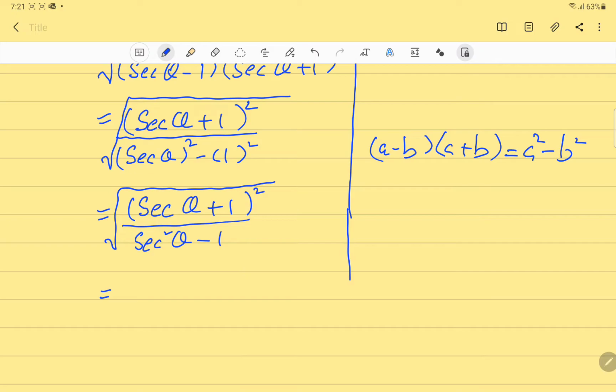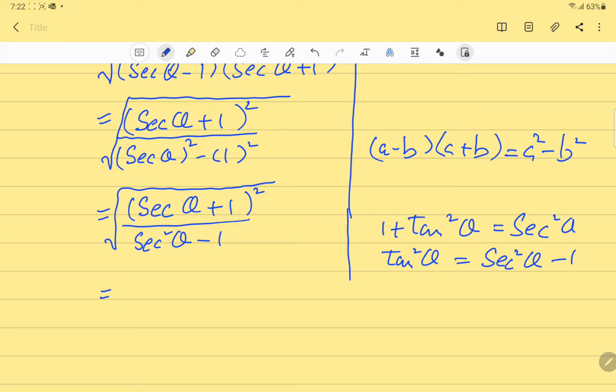And if you can recall the identity, 1 plus tangent square theta is equal to secant square theta. So if we subtract 1 from both sides, we get tangent square theta is equal to secant square theta minus 1. And we have here in the denominator secant square theta minus 1, which we can replace with tangent square theta.